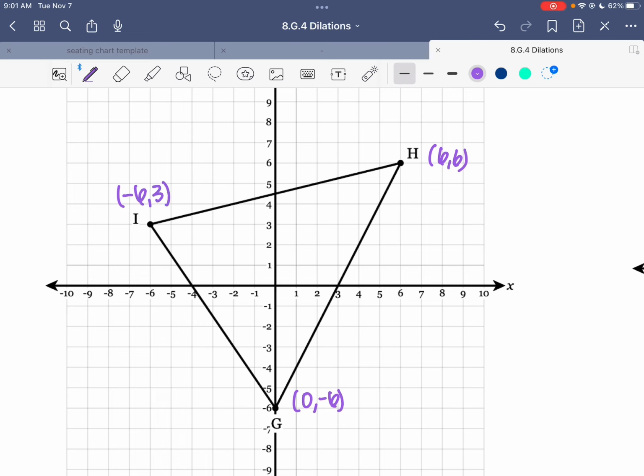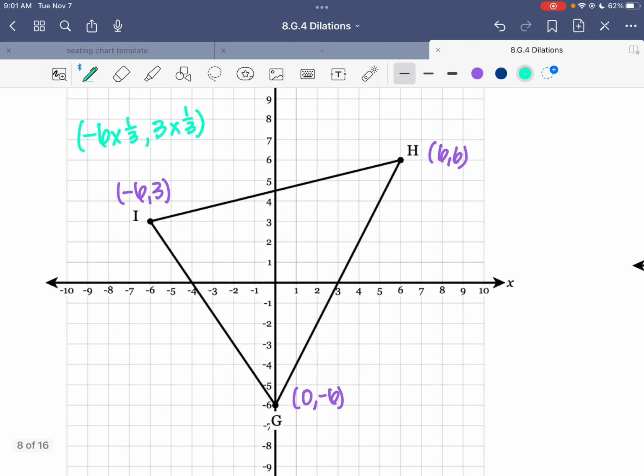So we're going to multiply all of our coordinates times our scale factor of 1/3. So I prime, we're going to do -6 times 1/3 and 3 times 1/3, just like we did above in the table. So I prime will be located at -2, 1.